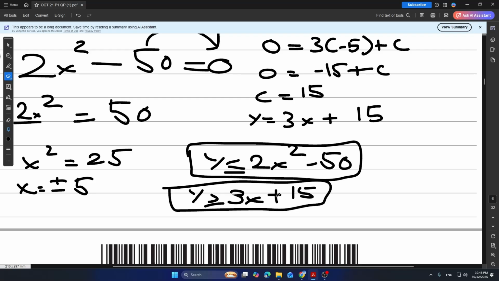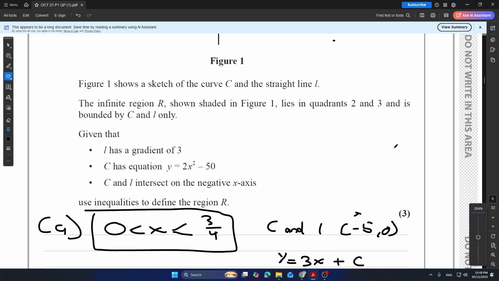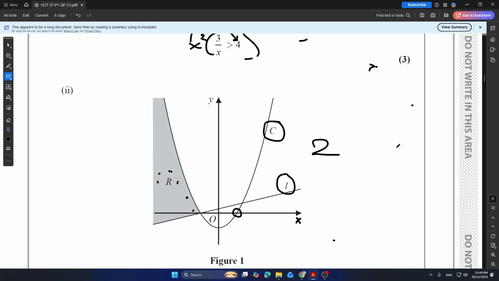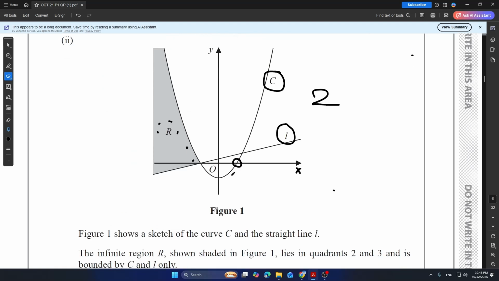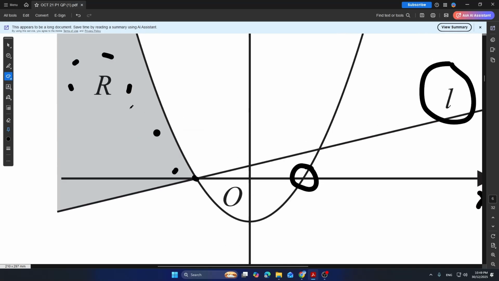But you also need to understand a trick that Edexcel uses 99% of the times. They're also going to look for one more crucial thing. We need to look at this specific point here, where the two lines intersect. We know that the region R is to the left of this specific point.